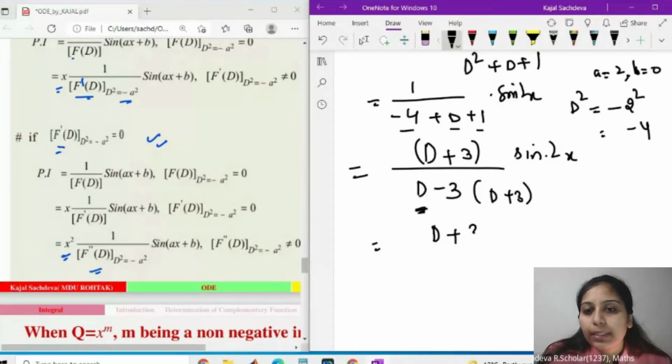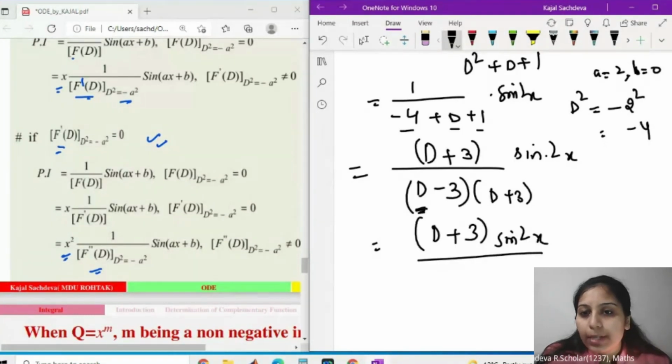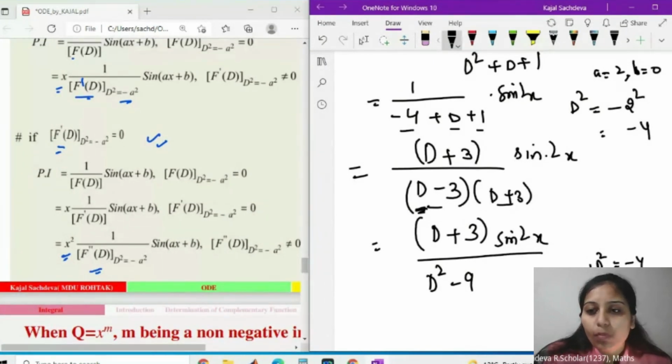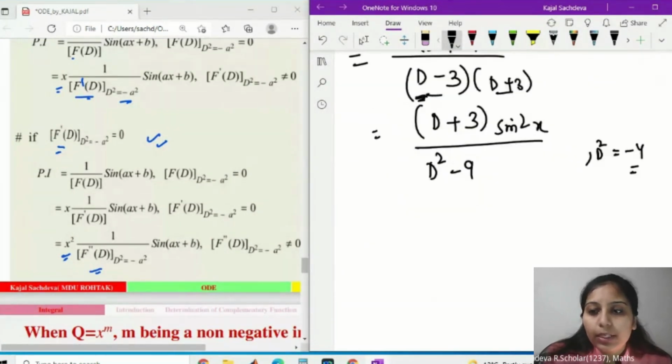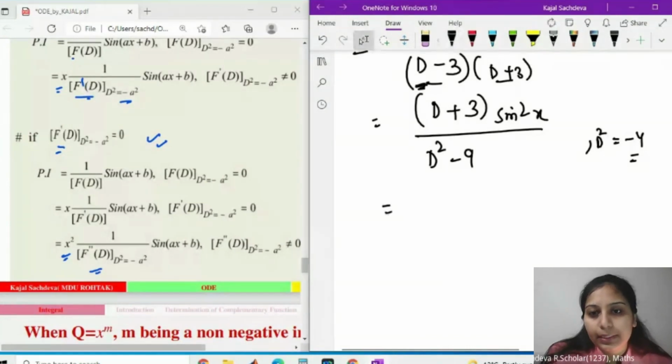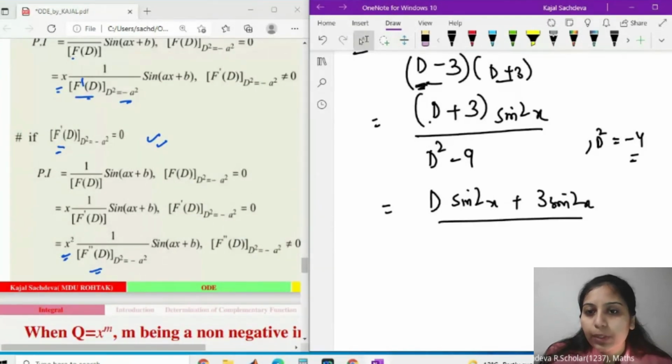We get D plus 3 into sin 2x, and below we get a minus b, a plus b is a square minus b square, D square minus 9, where D square is equal to minus 4. So as we have told earlier, what is D? When we take D with sin 2x and plus 3 sin 2x and put D square is equal to minus 4, we get minus 4 minus 9 is minus 13.